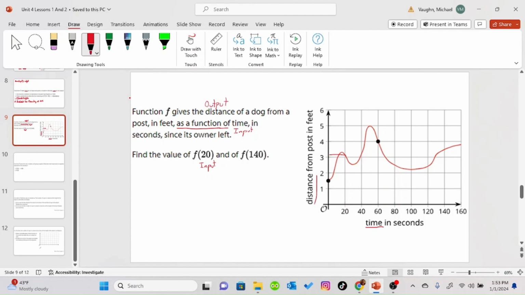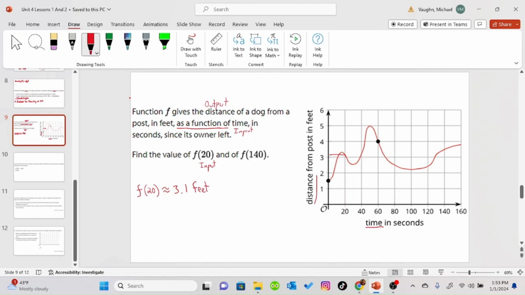So we could say f of 20 is approximately 3.1 feet.